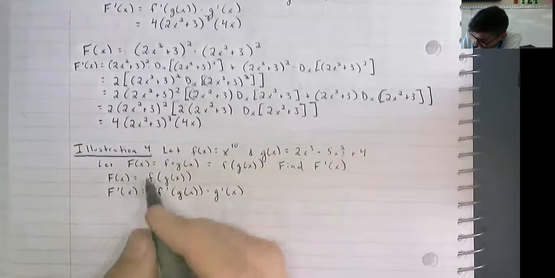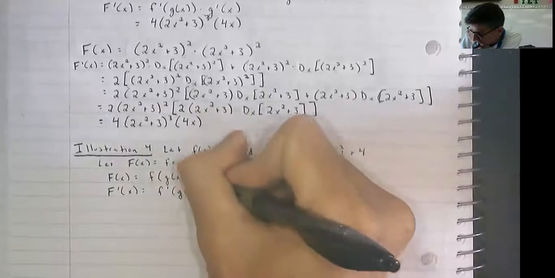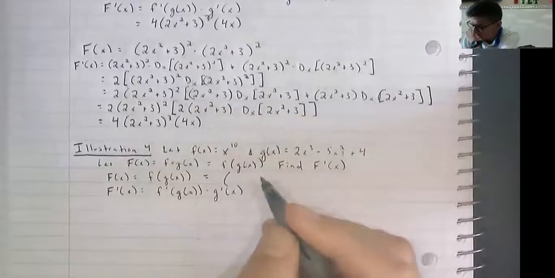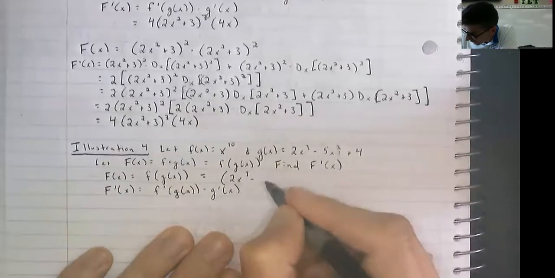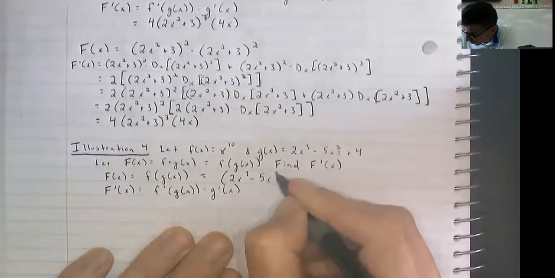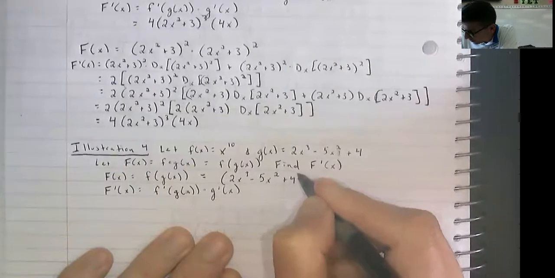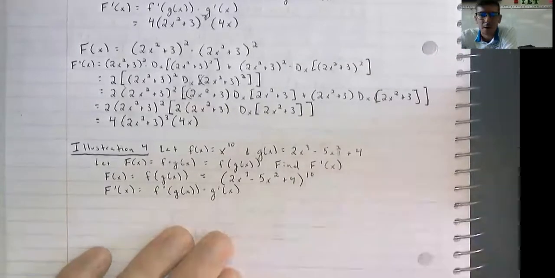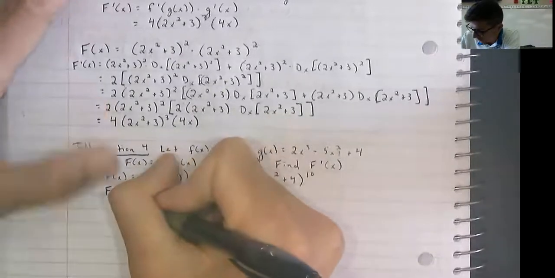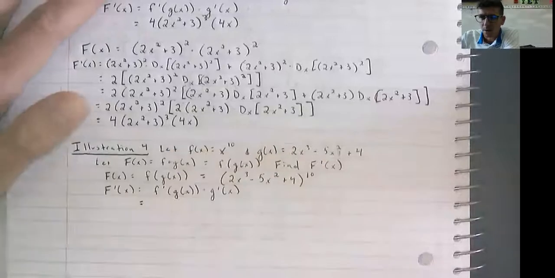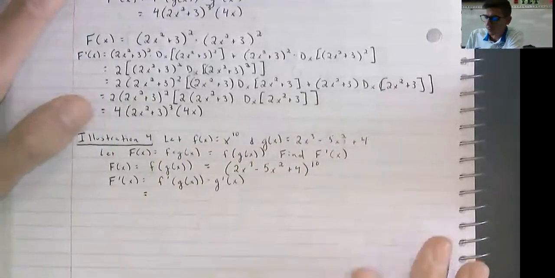So we're trying to differentiate 2x cubed minus 5x squared plus 4 to the 10th power. Enter chain rule, and our life all of a sudden just unfolds before us in harmony, and everything's okay with the world.